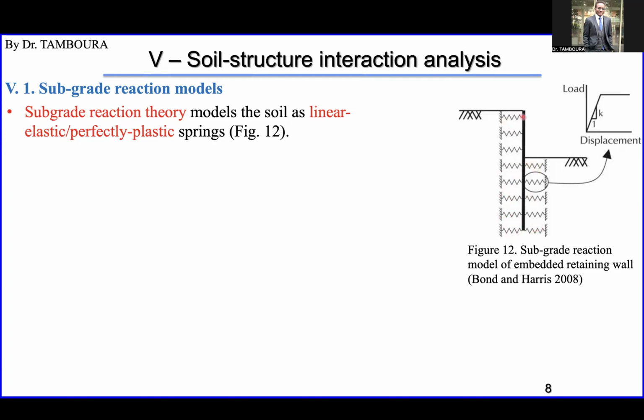Supposing this is your retaining wall, an embedded wall, maybe a sheet pile wall, the soil you can replace with springs. And you know a spring has stiffness, right? So how stiff your spring is. This is how the subgrade reaction model works.